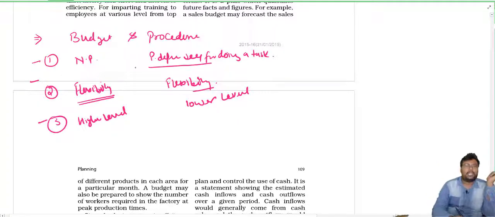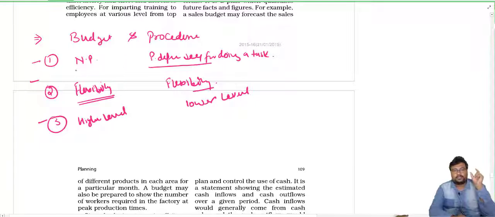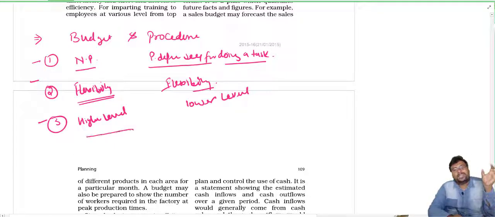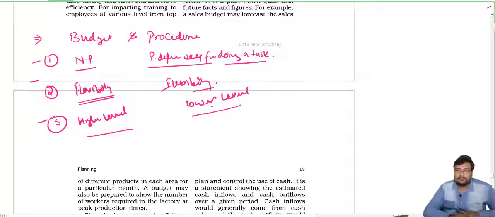Budget is a numerical plan, and procedure is a predefined sequence for doing a task. Budgets are flexible because they can be changed, and procedures are a predefined sequence, so it is very difficult to change. And budgets are generally prevalent at the higher level, and procedures at the lower level.